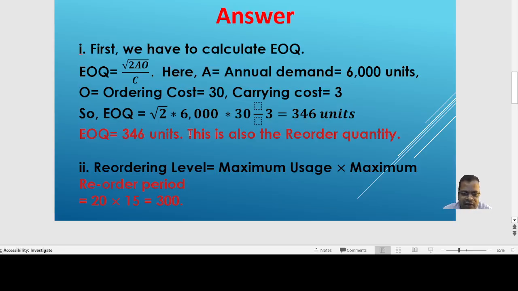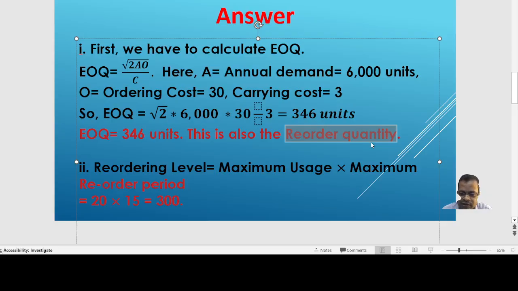Here again one concept comes. In normal parlance, the EOQ is taken as the reorder quantity. You have to remember that. Technically it is not the same; EOQ is not reorder quantity.